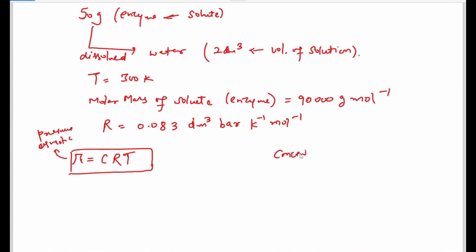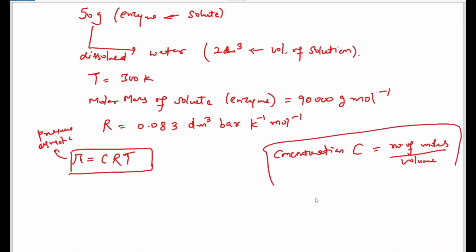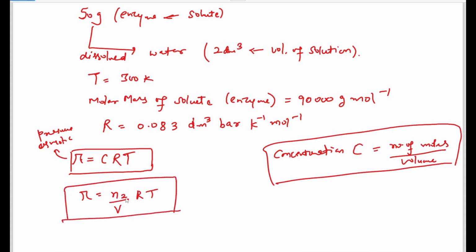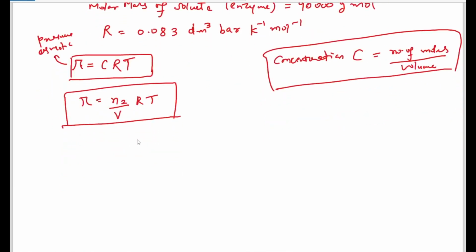C is concentration, that is equal to number of moles per volume of the solution. So we can replace it by N2 over V RT.